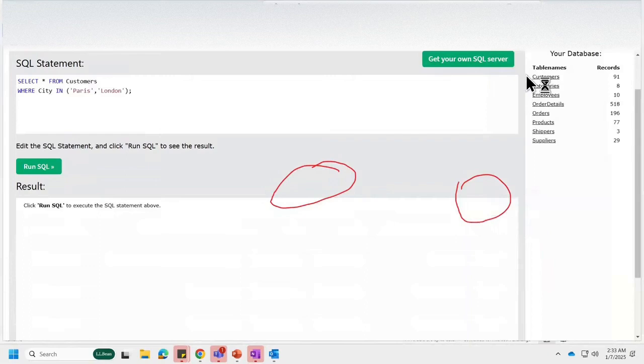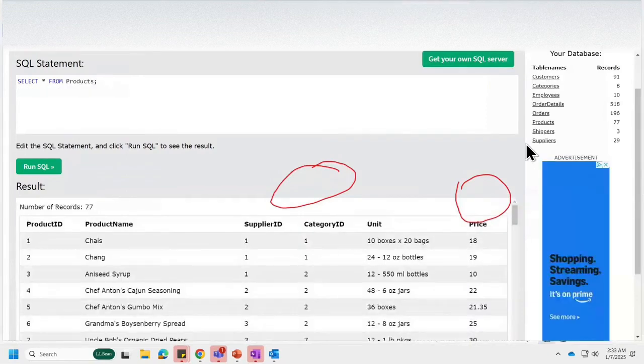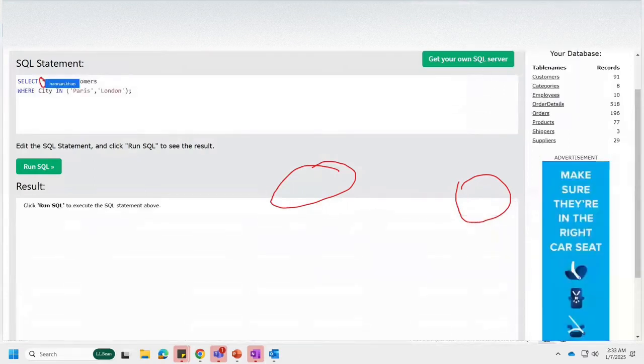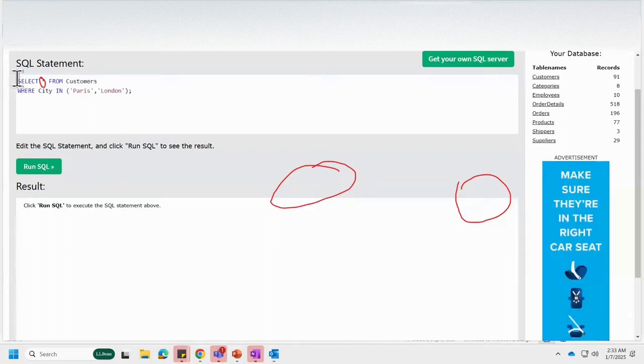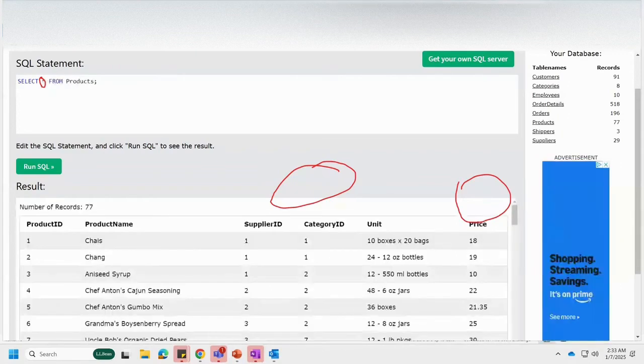So select, instead of this hash, you will write category ID.